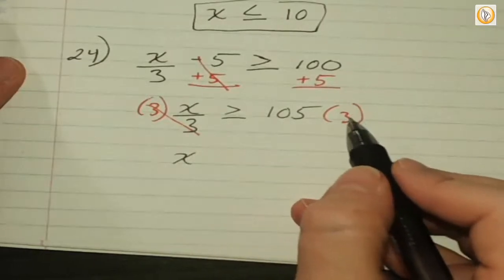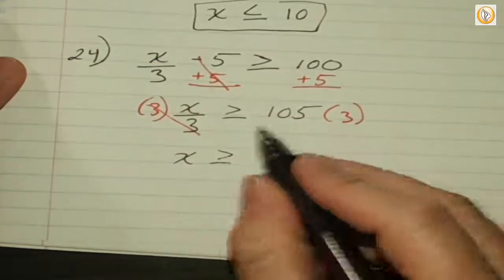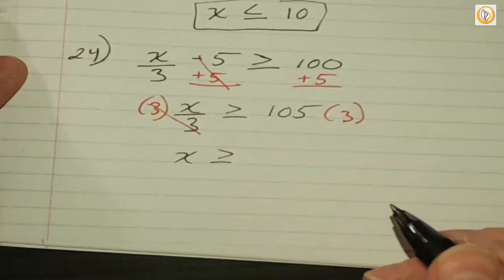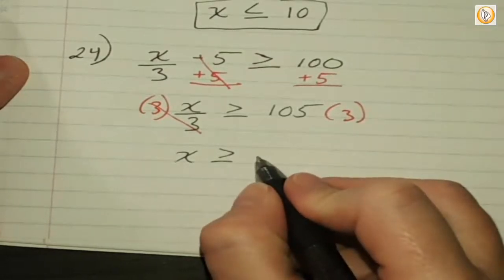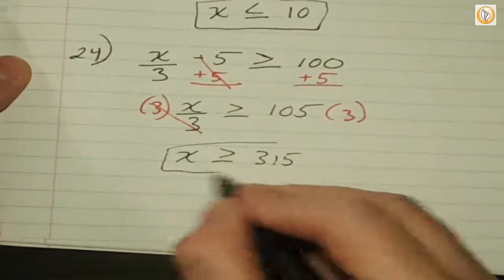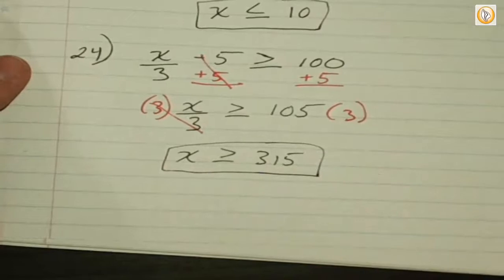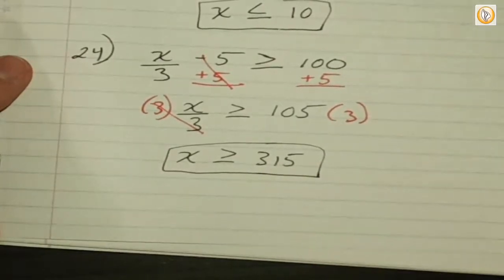That's right, because we're multiplying by a positive, so this stays the same. So 3 times 105, I'll let you work it out on your paper. 215. There you go. Any questions? Does everyone have this down?